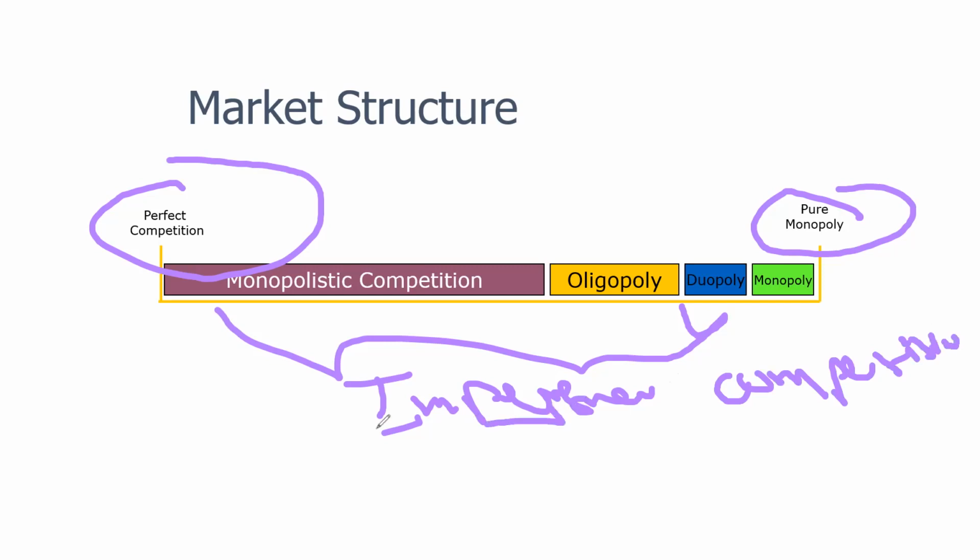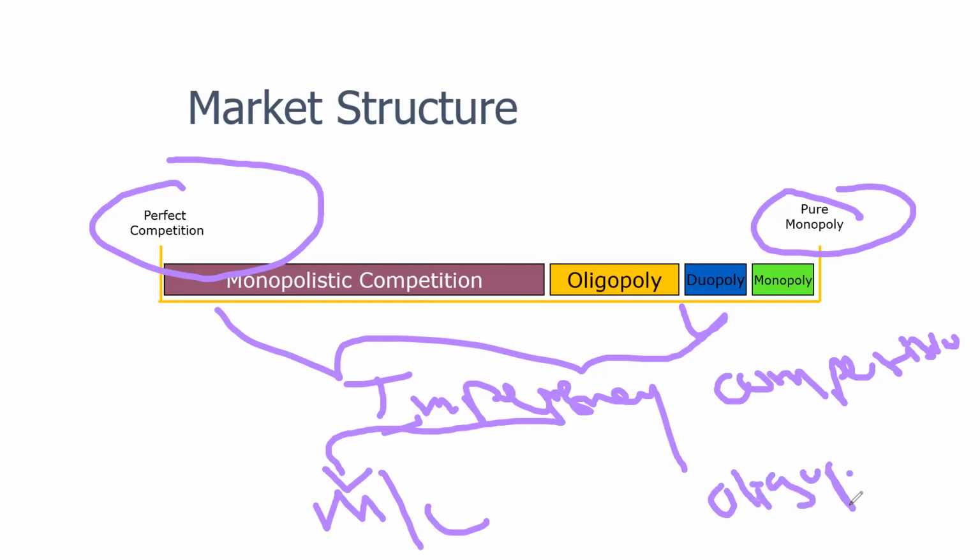Under the imperfect competition we can identify the monopolistic competitive market structure and the oligopoly market structure, right? The monopolistic competition is very close to perfect competition.